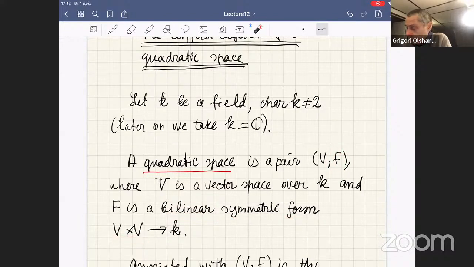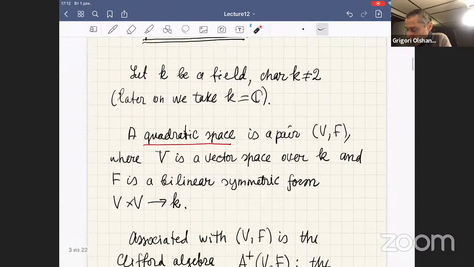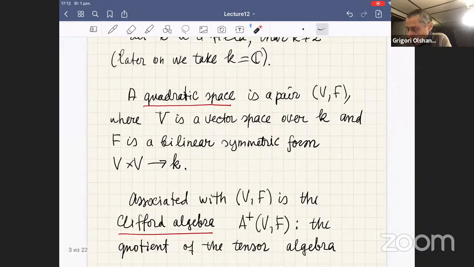Because the characteristic is not 2, this is essentially a quadratic form, hence the terminology quadratic space. And to this datum, we can associate an algebra, which for some reason I will denote in this way, A plus.